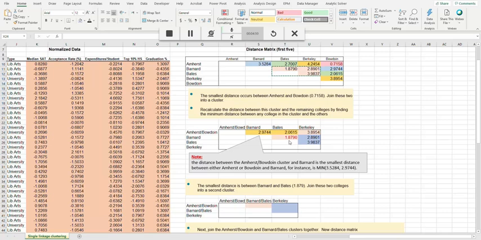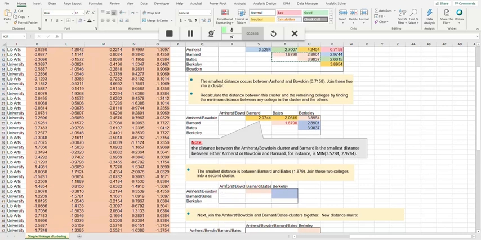We look at the data and find the minimum distance. Here, the minimum distance is 1.8. It means that Bates and Bernard can be merged together in one cluster. So we do that, we merge. We already had one cluster with Amherst and Bowdoin. We create another cluster with Bernard and Bates, and look at the distance.